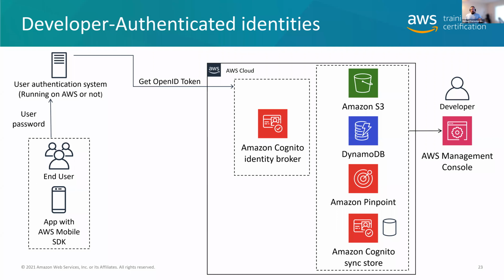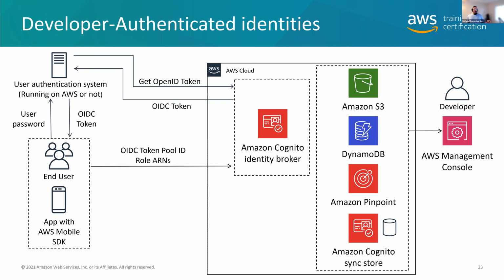That's going to do an assertion against the identity broker, and again, there needs to be a trust relationship here. Cognito is going to say, oh yeah, okay, great, I recognize that system. Here's the token for your stuff. That gets passed to the user, which is then reasserted back to Cognito now that the user has it in their possession. They will pass the actual Amazon credentials back to the user.